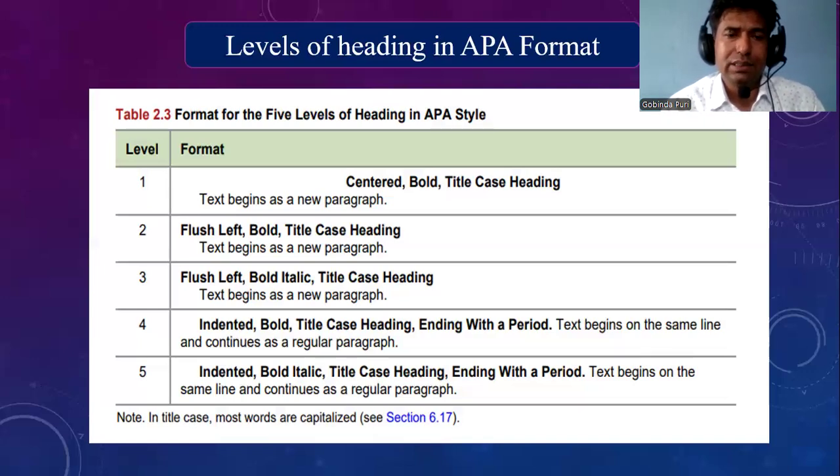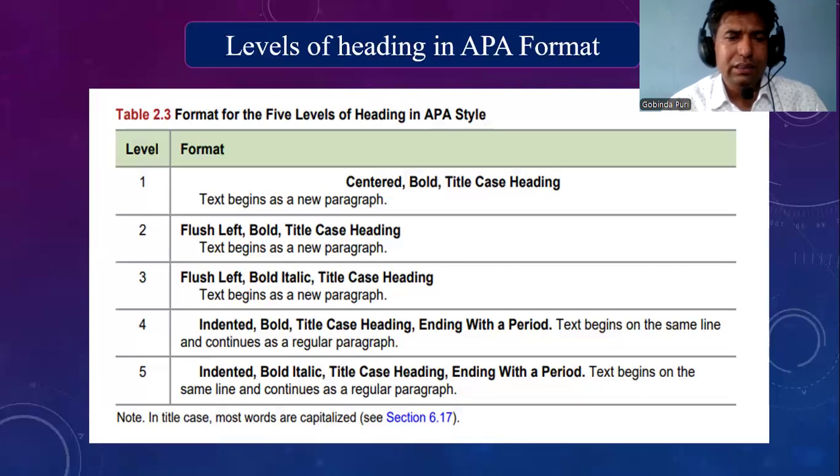The text begins as a new paragraph. Then the fourth heading is indented 0.5, bold, title case, ending with a period. Text begins on the same line and continues as a regular paragraph.